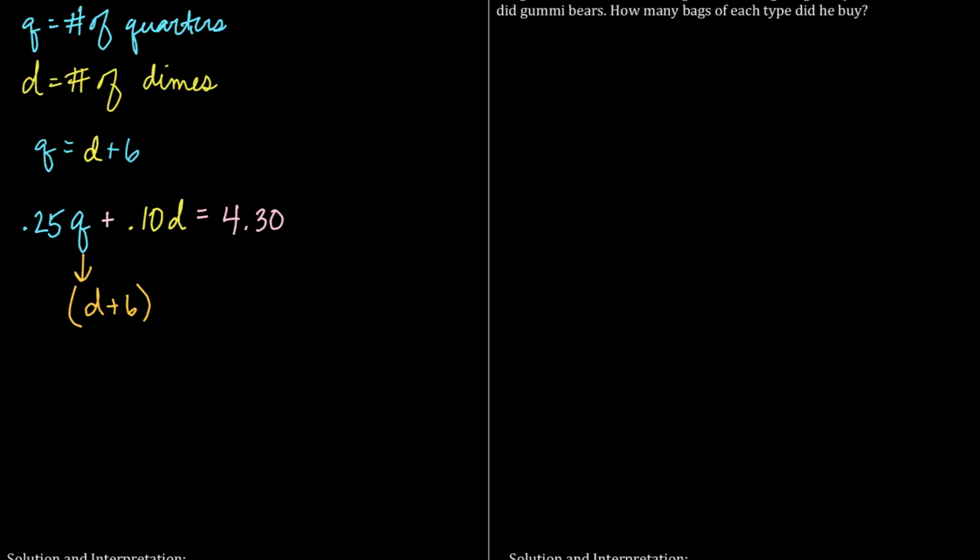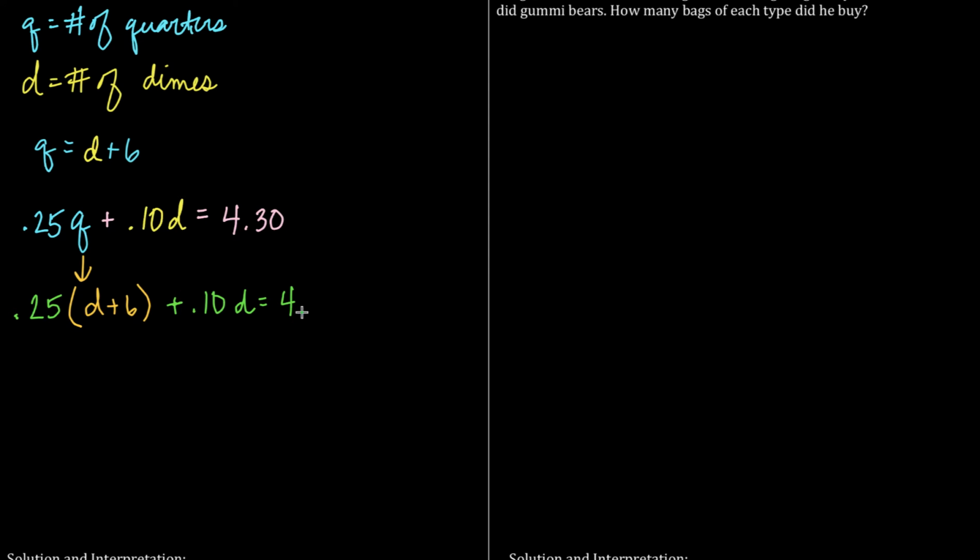And then I'll just use a different color. Let's use green. 0.25 times D plus 6 plus 0.10 D equals $4.30.